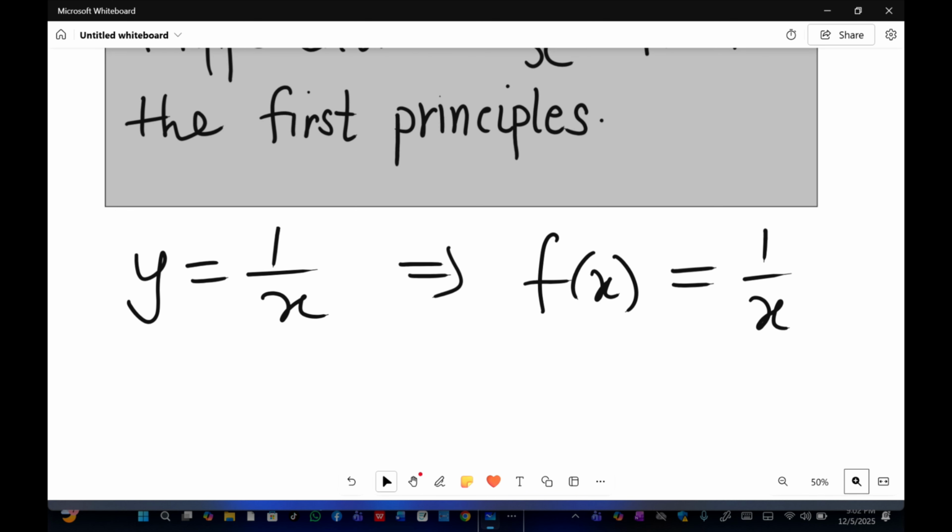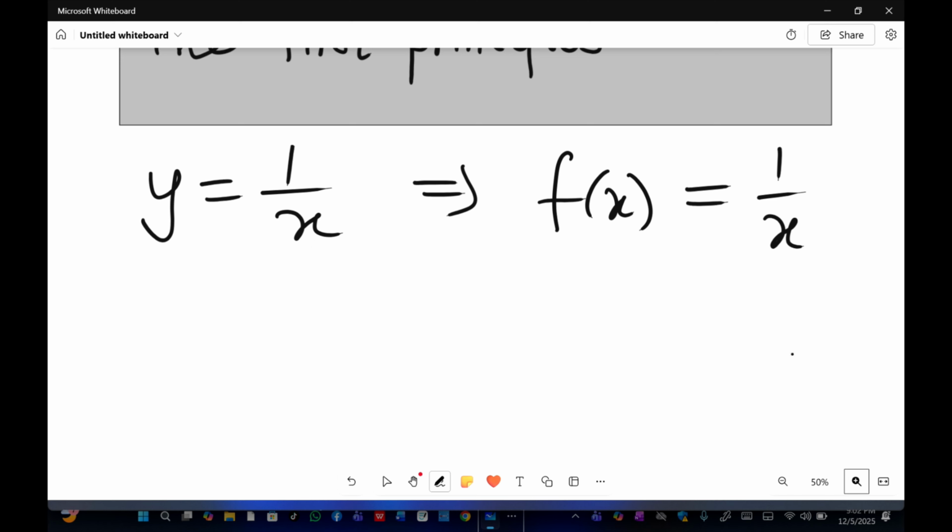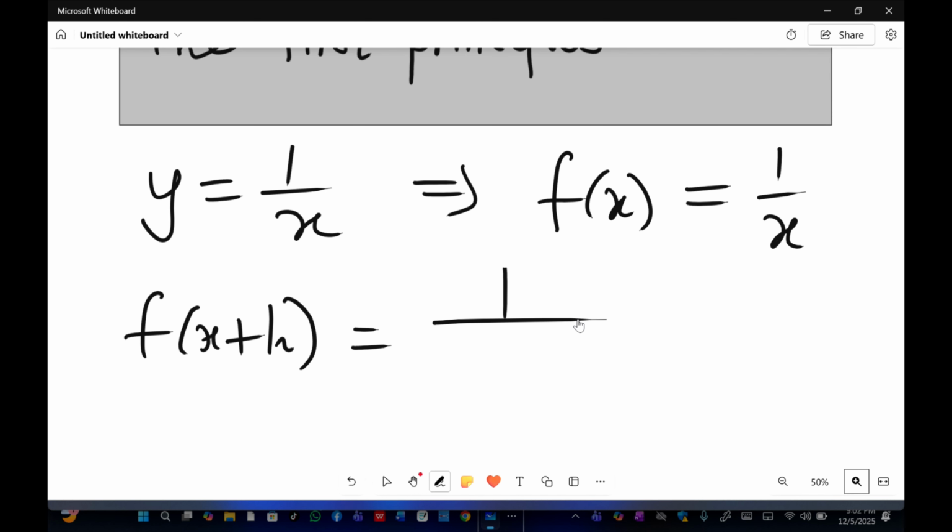So let us look at our f of x plus h, which means we are just going to plug in x plus h in place of x in the given function. So it's going to be 1 divided by, wherever you see x in the original function, you put x plus h right there. So here becomes x plus h, and this will give us our f of x plus h.